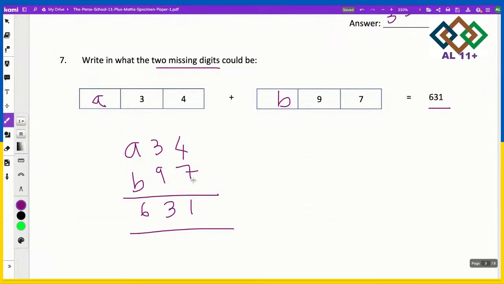So 4 plus 7 is 11. We add 1, 10, 11. So this becomes 2 here, and that becomes 1 here, and we are just thinking what it could be.